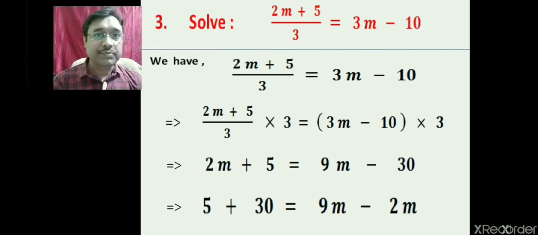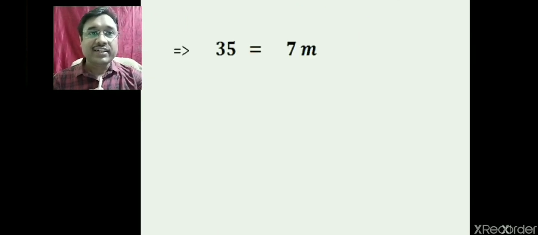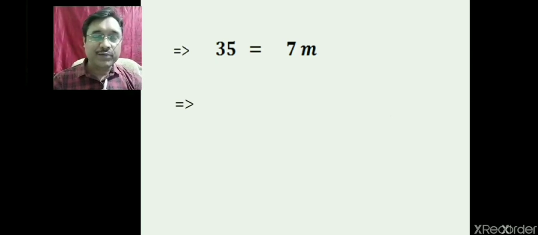Then 9m minus 2m is 7m. This is algebraic expression subtraction, monomial subtraction: 9m minus 2m is 7m, and 5 plus 30 you will get 35. Then you can write that 35 equals 7m. Now divide both the sides of the equation by 7, or directly you can say that 7 is multiplying on the RHS, then it will divide on the left side.